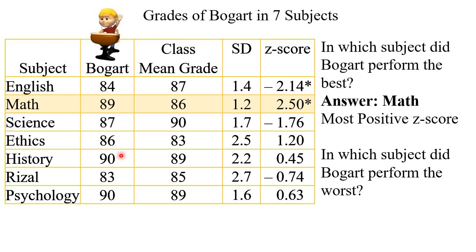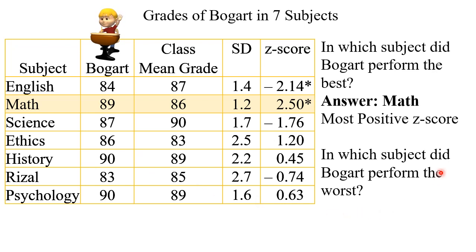As I said, we cannot directly compare the grade of math to the other subjects, but what we can do is convert Bogart's grade relative to the mean, using the mean and the standard deviation, into a standard score. Later, class, you will see if you're going to standardize all these grades into a psychology grade. We can see it later on.